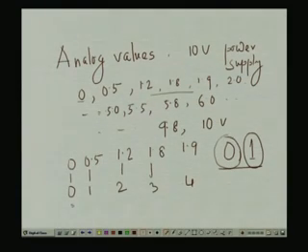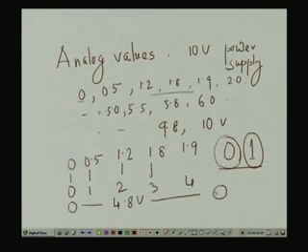Say this is 0 to 10 volts. If it is 0 to 4.8 volt, then this will be treated as a 0.